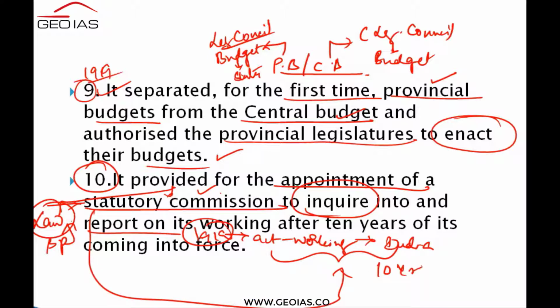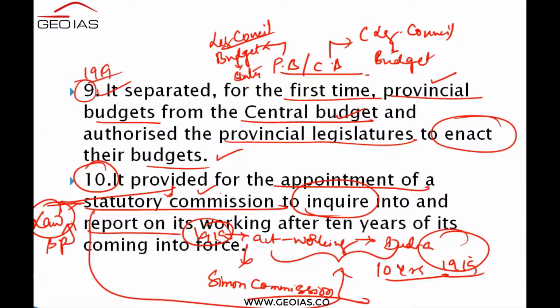After 10 years of this Act of 1919 it was appointed, and this commission is known as the Simon Commission. As we move forward, we will learn about this commission. So these are the 10 provisions related to the 1919 Act. In this, the budget being differentiated between provinces and the center is very important, and the extension of communal electorate is also important.